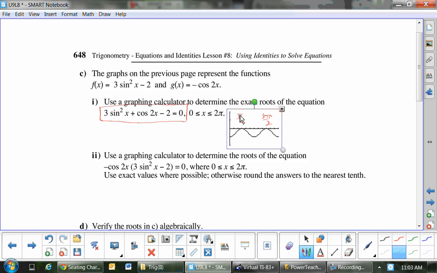Now, whenever faced with a written response question, I know it sounds counterintuitive to go and do this before you even start the question. But you can actually save a lot of time, because if you know what the answer is, you can make sure you're leading there as you're doing it.